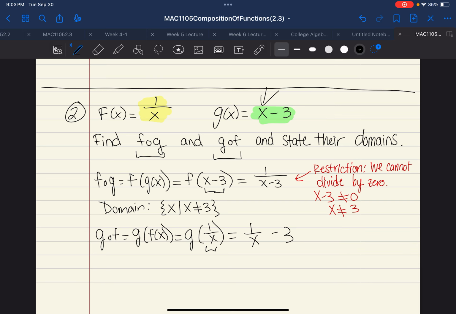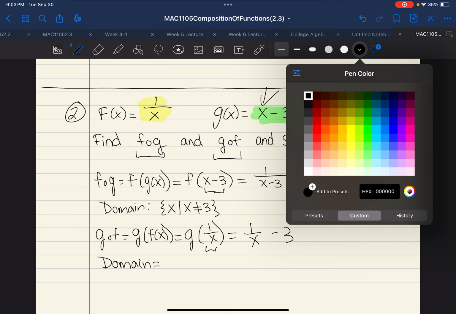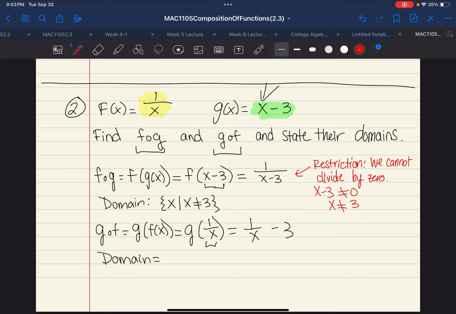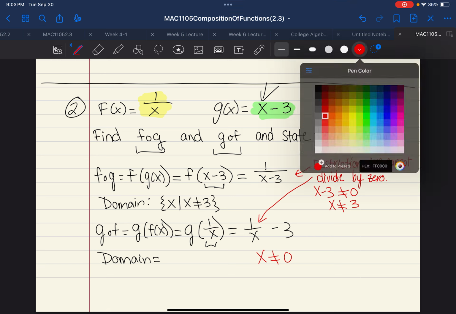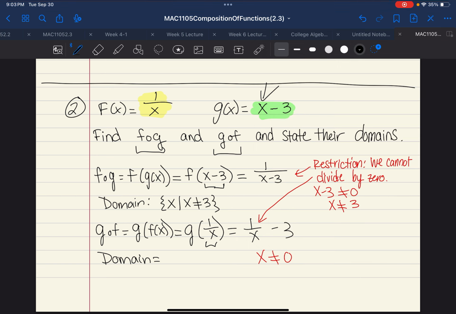And the domain here, think about the restriction. So there is a fraction and there's a variable in that denominator. So the same restriction applies. And in this case, x cannot equal 0. So the domain is the set of all x such that x cannot equal 0.